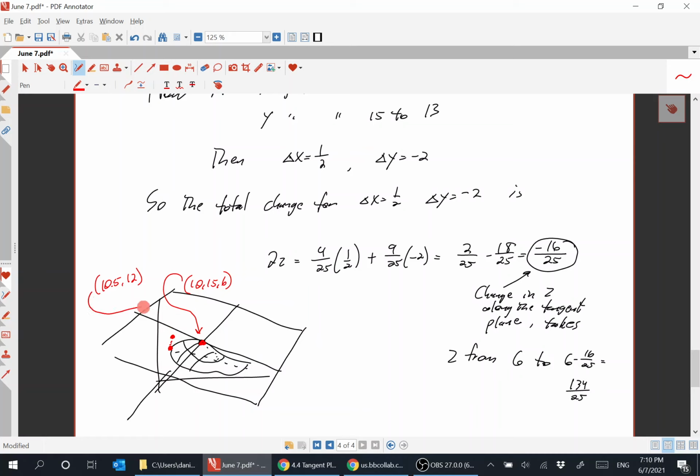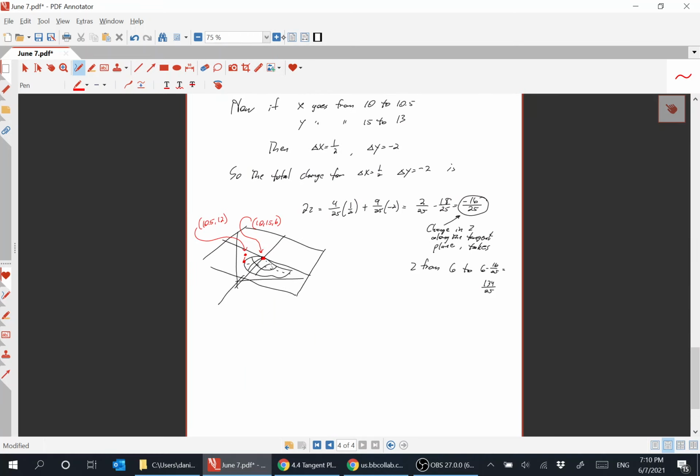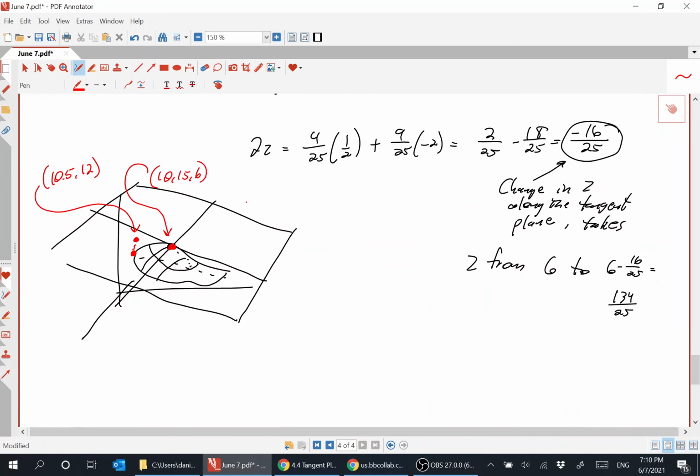So we've just calculated the change on the tangent plane. Given that change in x and y, the change in the z value along the tangent plane is the z value of that point. And the change in the z value along the surface is right here. And the point is, for tiny variations delta x and delta y, those are about the same.